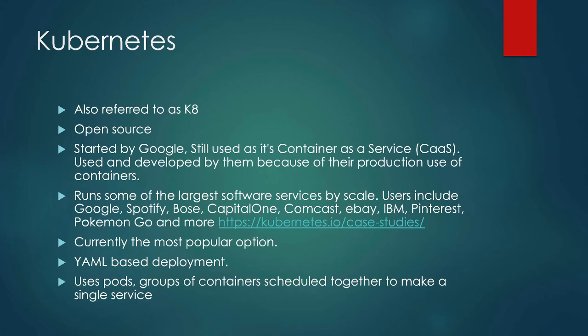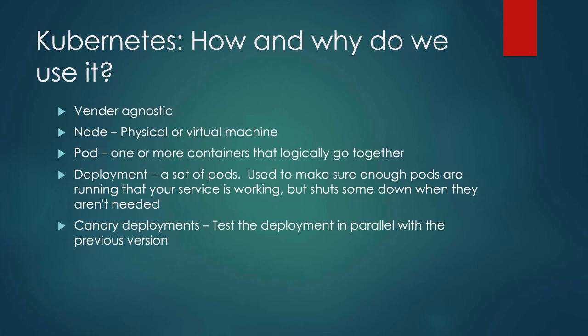The vocabulary that it uses is something called pods. That is the groups of containers to make a single service. So Kubernetes is actually vendor agnostic. A node is the physical or virtual machine. A pod is one or potentially more containers that go together.